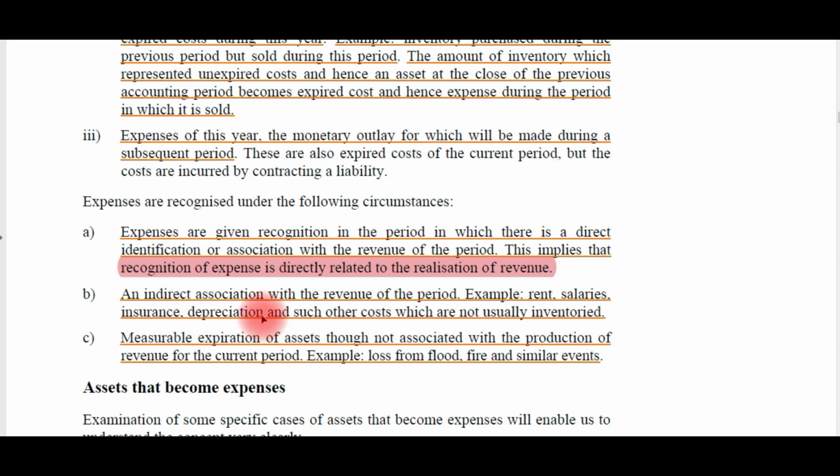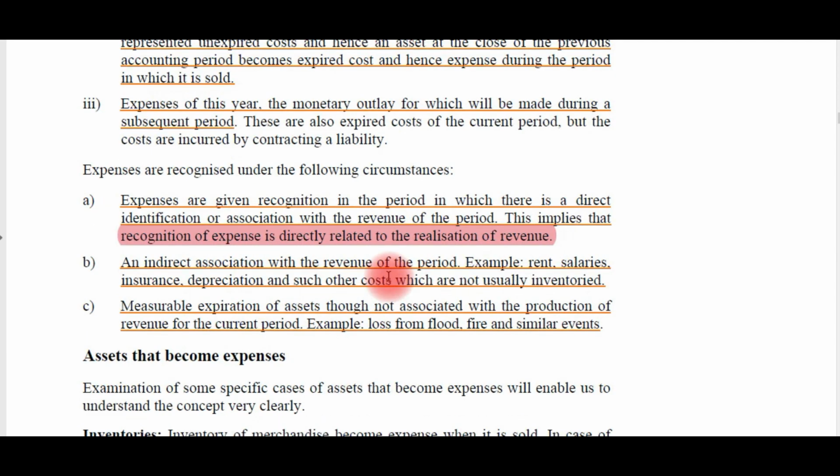All these things are indirectly related to revenue generation. Therefore, they are also treated as expenses. These are not directly related to revenue generation. What is directly related? Those raw materials and goods which are directly used for generation of revenue.